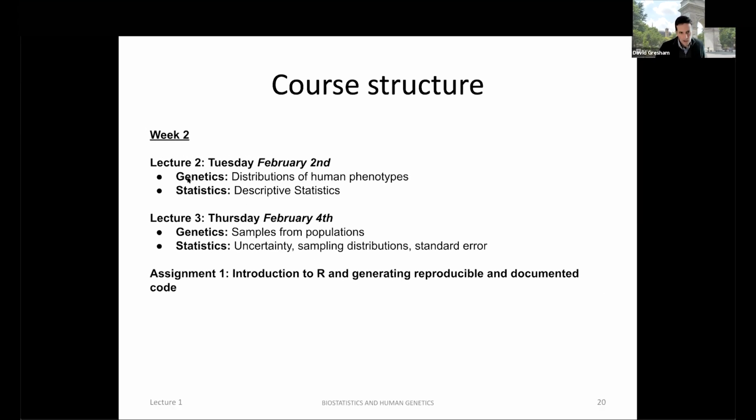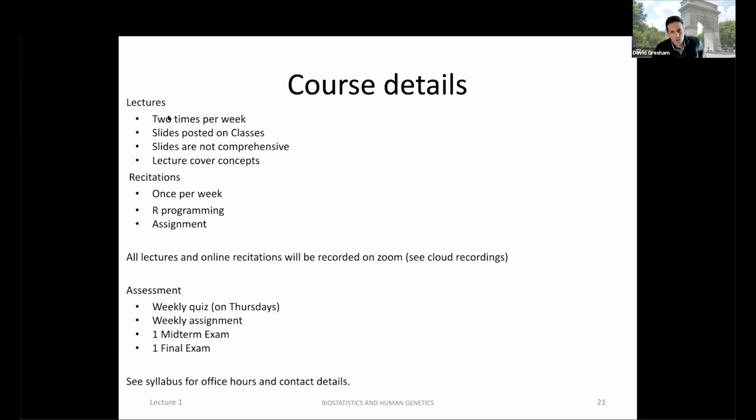So just to clarify here, in the lectures that I deliver on Tuesdays and Thursdays, I'll be talking about the concepts, the genetic concepts and the statistical concepts, but it's in the recitations that you'll be learning the application of those concepts through computer programming using R. And so the recitations are, to a large extent, almost like a separate course in which you have distinct material that's not going to be covered in the lectures.